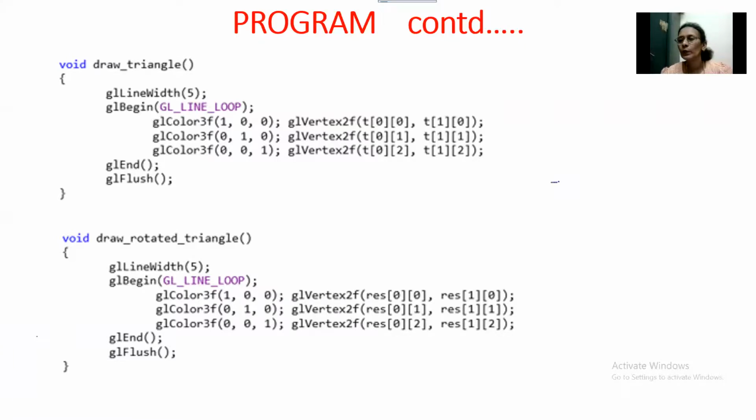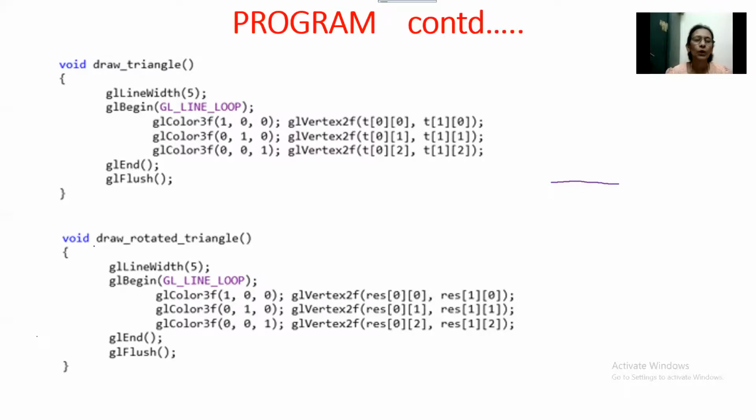When you draw this line, this end is red color and this end is green color. So the line will be gradually changing from red to green and so on. That is how OpenGL is doing it. It is a smooth gradation of colors.